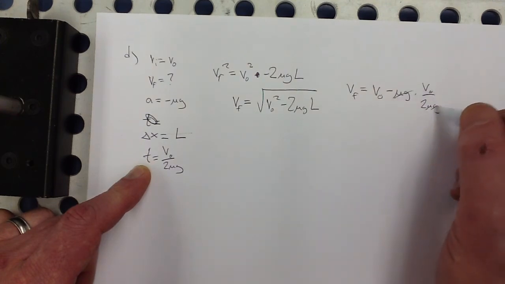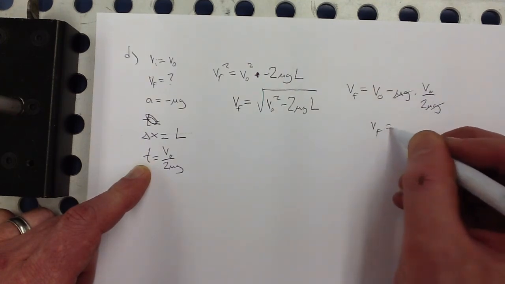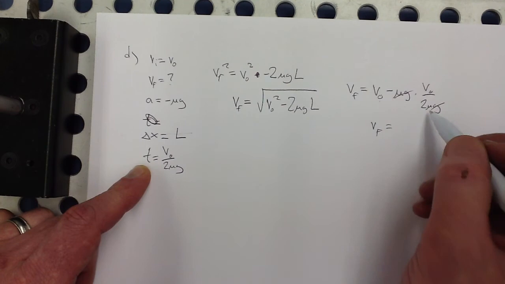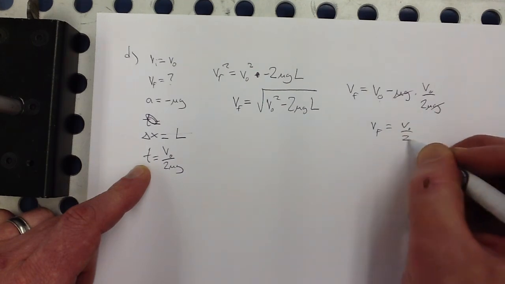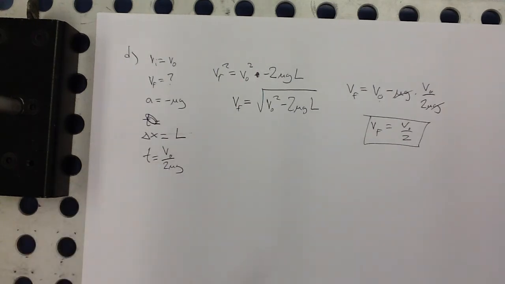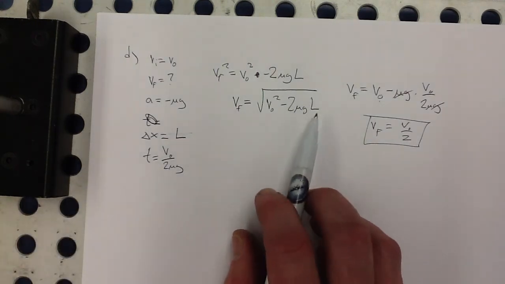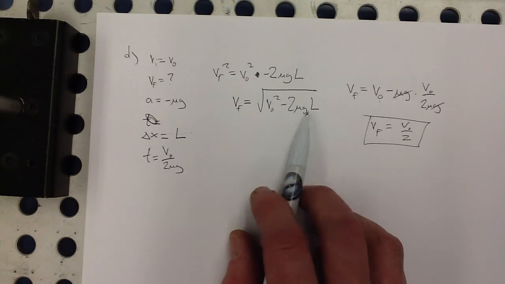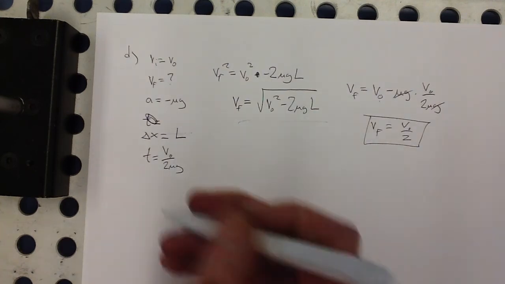And then those cancel out, and we get that the final velocity is v sub 0 minus v sub 0 over 2, so that's v sub 0 over 2. I think that's probably what they're looking for, although I think that's probably equivalent. Maybe they just didn't have an L in there. I wonder if we can check their rubric and see if that's acceptable.